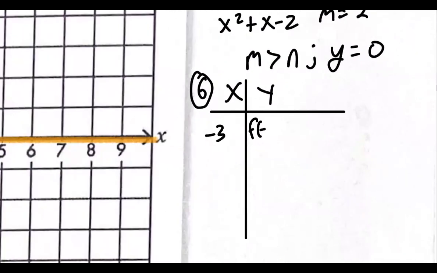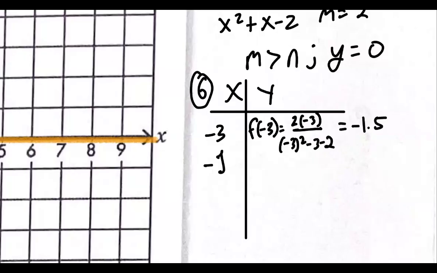f of -3 is equal to 2 times -3 divided by -3 squared minus 3 minus 2. When you do the math for this, I already have the notes for it. So you get -1.5.